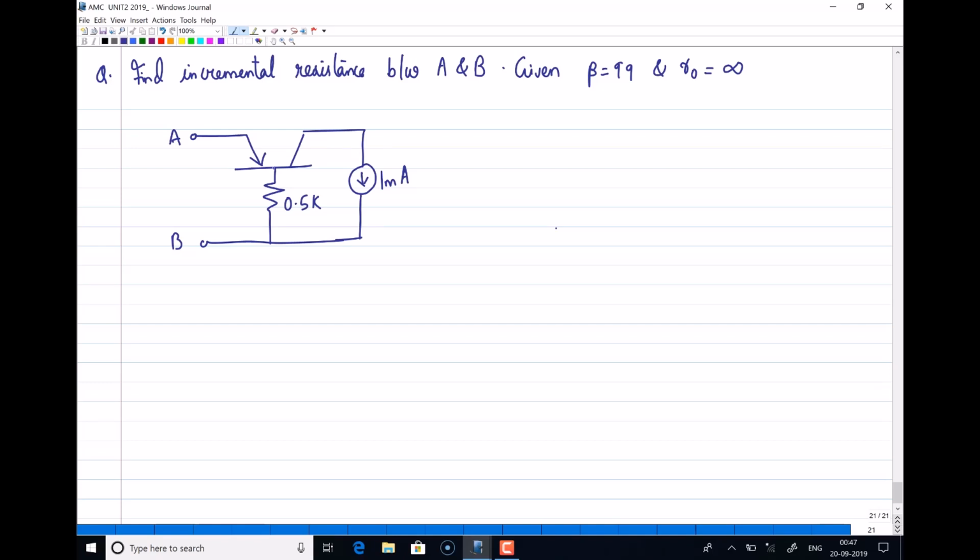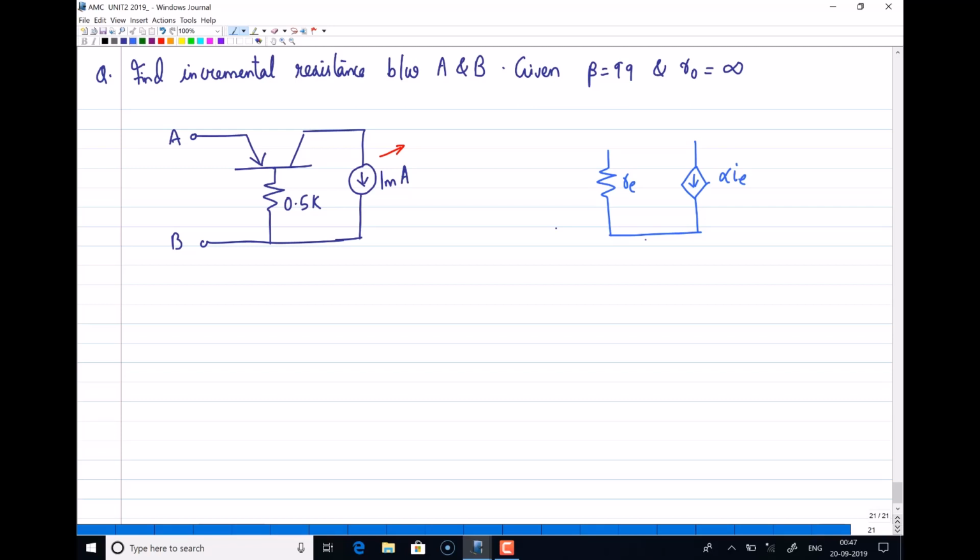This will remain open. If I replace the transistor with its equivalent, this is RE, and here I have alpha into IE. This is for the transistor.